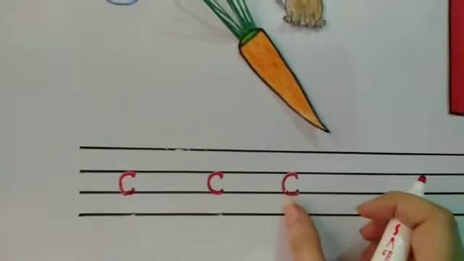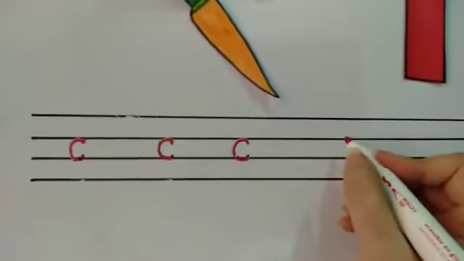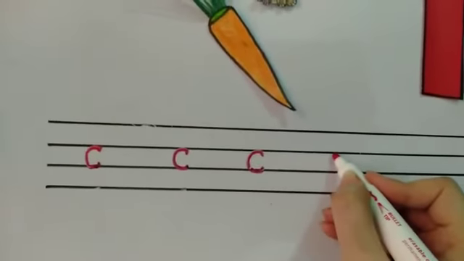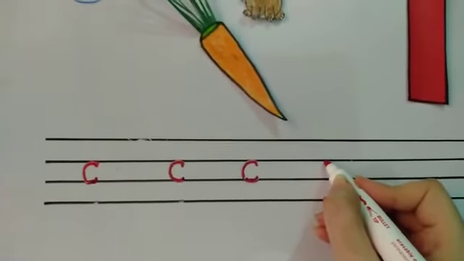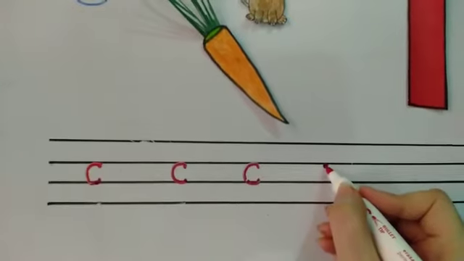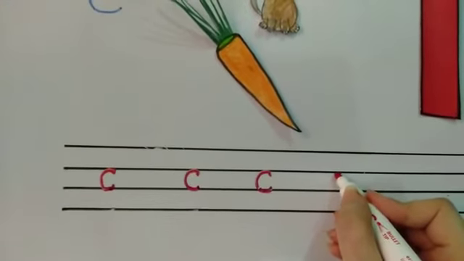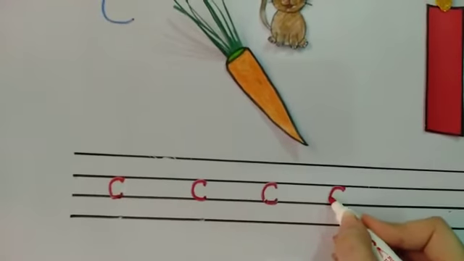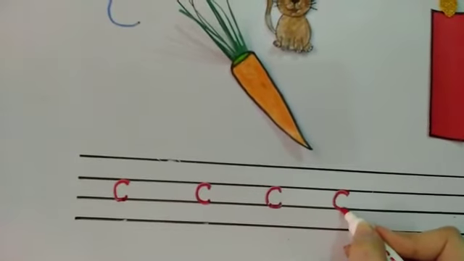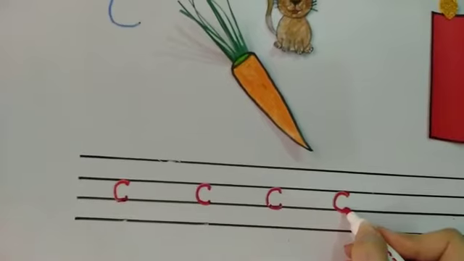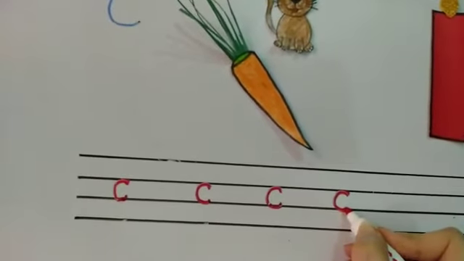like this. Again, we put a dot on the second line, then we start a small half circle like this, and then we stop the circle here in the bottom.